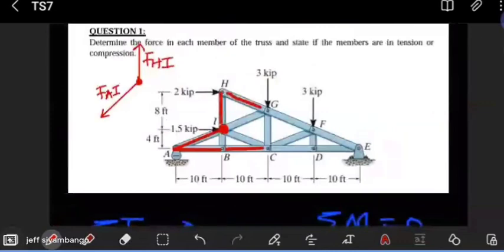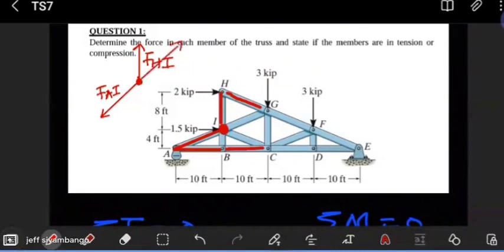And BI, we saw that BI was a zero force member. We wanted to write it like this, but because it is a zero force member, we can actually ignore it because it won't really do anything. Next up, we have IG. IG, in this case, goes something like this.